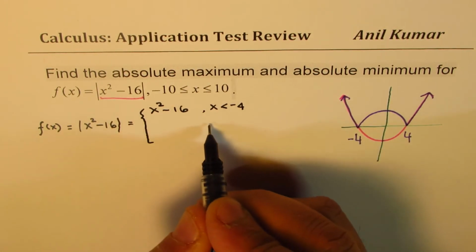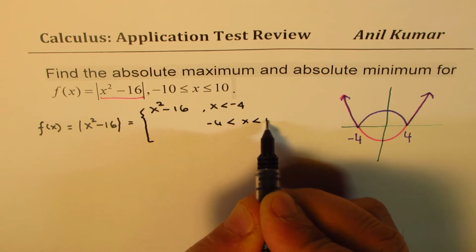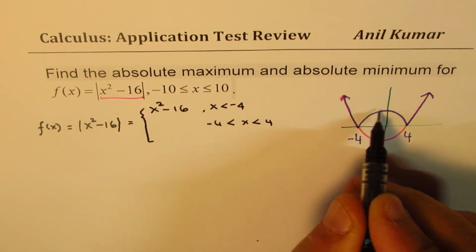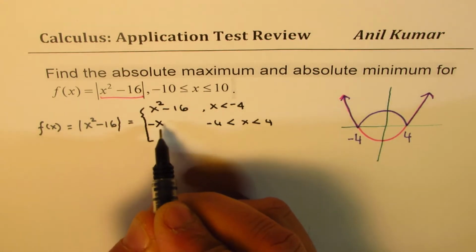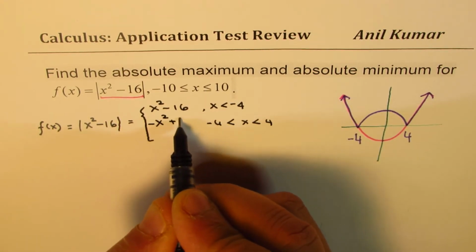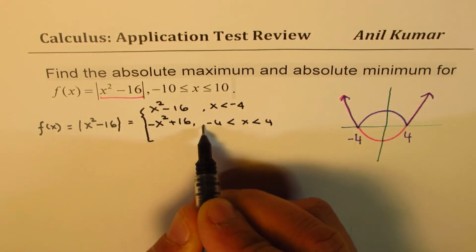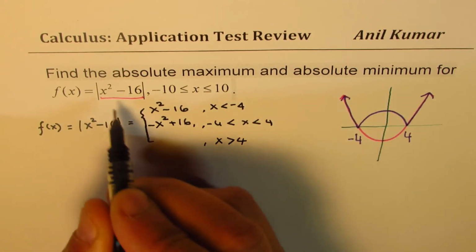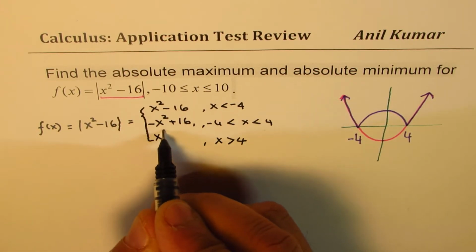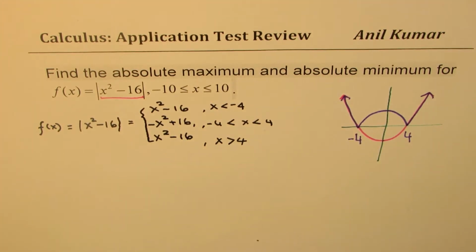If x is between minus 4 and plus 4, it has been flipped, so it will become the negative of what it was. Let me write this as negative x squared plus 16. If x is greater than 4, then it is the same as the original function, which was x squared minus 16. So I hope this part is absolutely clear.